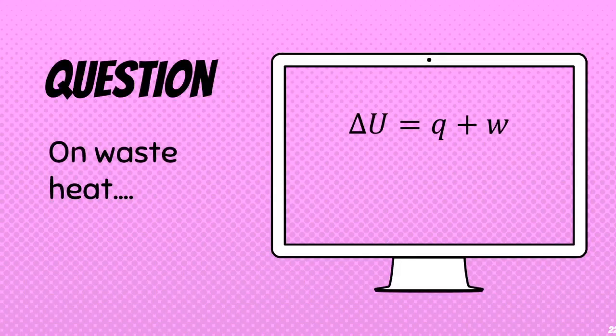All right, now I'd like to leave you today with a question. You have delta U equals Q plus W. As I've said, the ultimate aspiration is to have as much work done. If you're talking about heat loss by the system, what can you do with the waste heat?